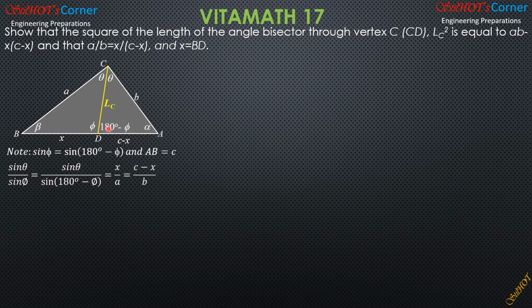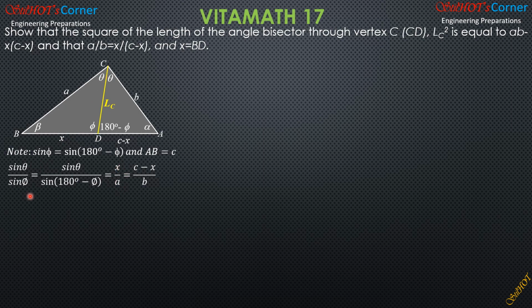And the other angle is sine of 180 degrees minus P, which is also equal to sine of P. So remember, sine theta as to the side opposite it. So it is X over A, because opposite of sine of B is A. It's just like A as to sine of B equals X as to sine of theta. So it's the same ratio here.